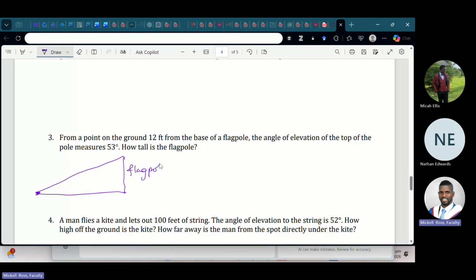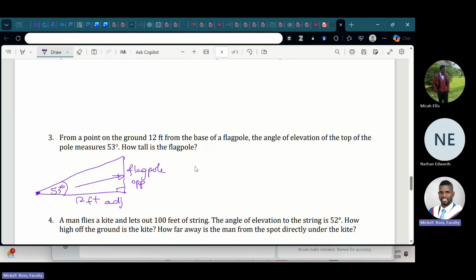So this is the flagpole. The angle of elevation measures 53 degrees, and the distance is 12 feet from the foot of the flagpole, right? So it says how tall is the flagpole, which is the opposite side based on the angle, and the 12 feet is going to be the adjacent side.